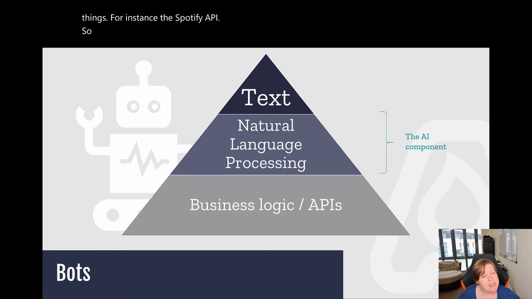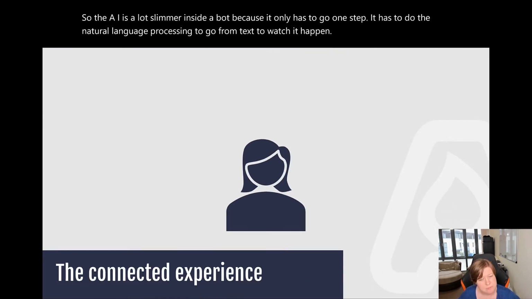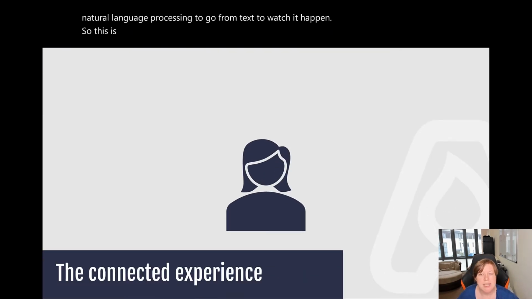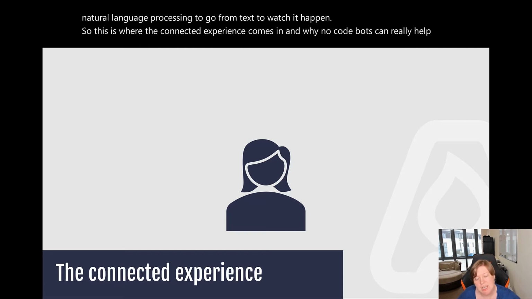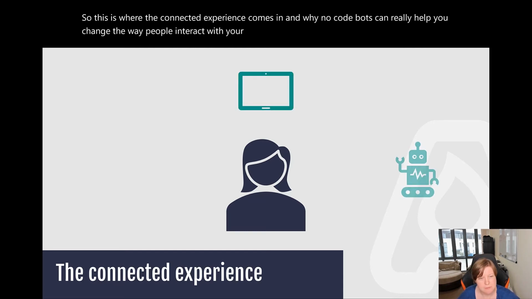So the AI is a lot slimmer inside a bot because it only has to go one step. It has to do the natural language processing to go from text to what should happen. So this is where the connected experience comes in, and why no-code bots can really help you change the way people interact with your business.